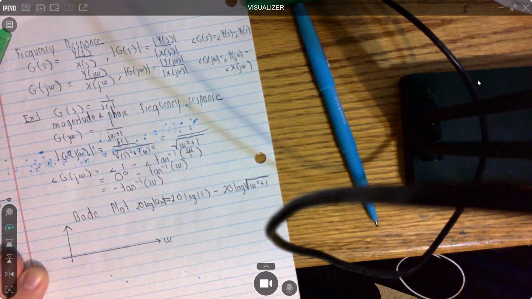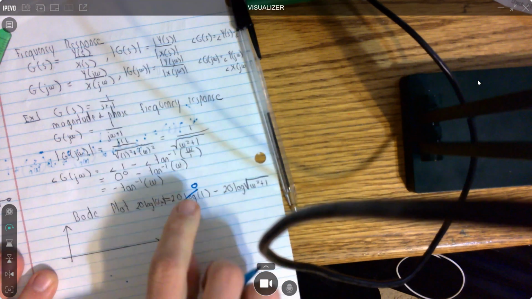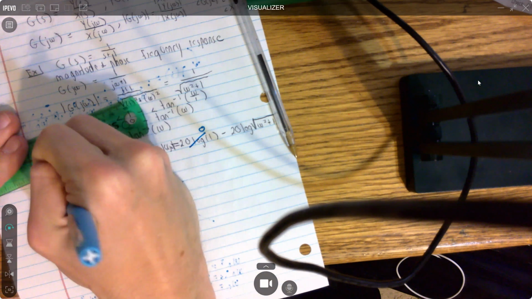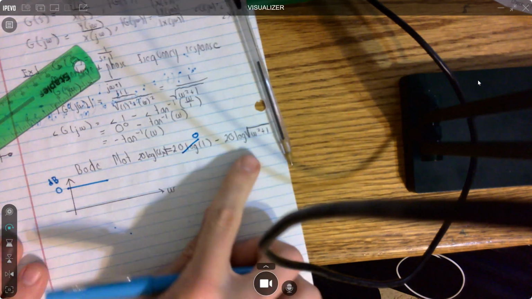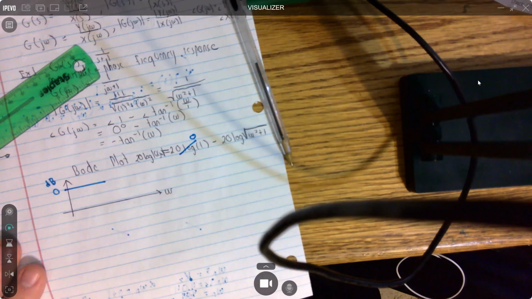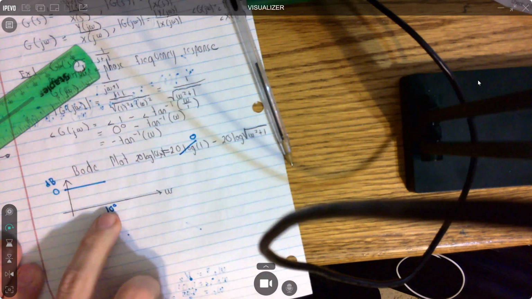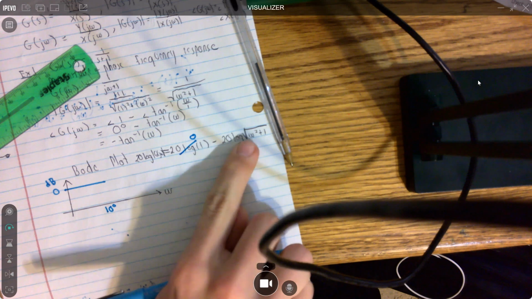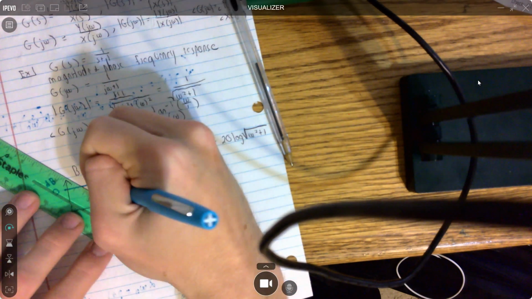That's equal to 20 log of the numerator minus 20 log of your denominator. 20 log of 1 is just 0, so it's going to start out at 0 dB. This is in decibels. Specifically at 10 to the 0, which is just equal to 1, because this is normalized, it's going to decrease with a slope of negative 20 dB.